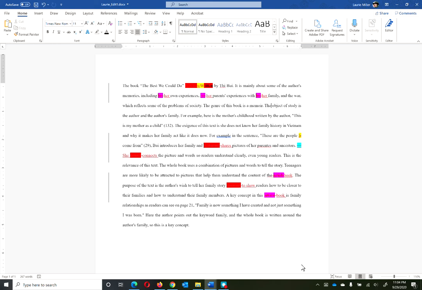So we're looking at all the errors we corrected, and for 2 different types of errors, we're going to add a comment box. I noted here that I made mostly verb and word choice errors, so those would be good ones to comment on.